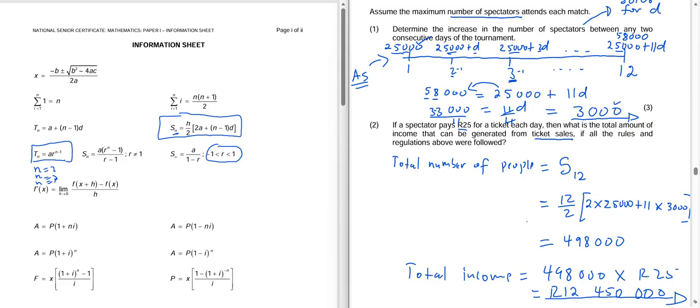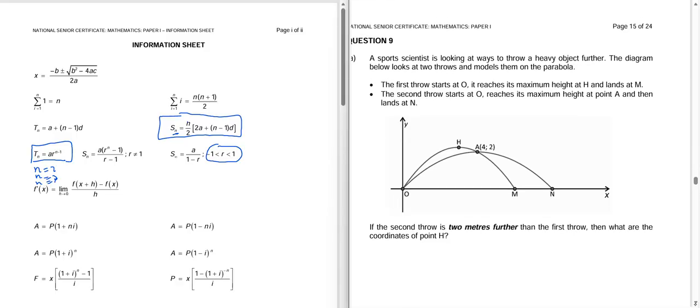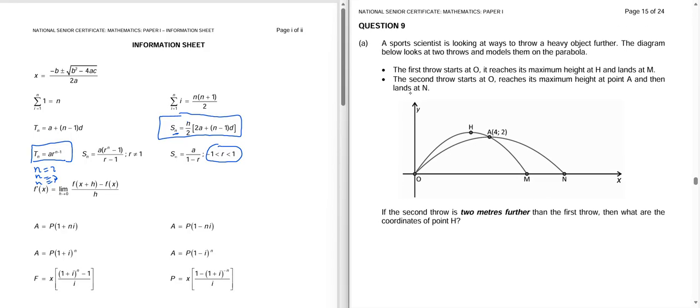Now let's go to the next question, which is question 9. It reads: a sports scientist is looking at ways to throw a heavy object further. The diagram below shows 2 throws and models them on the parabola.